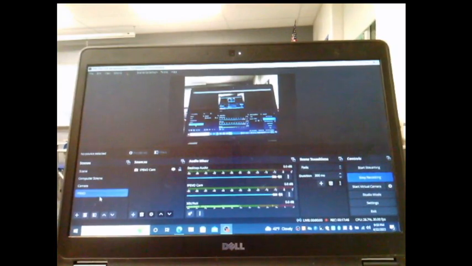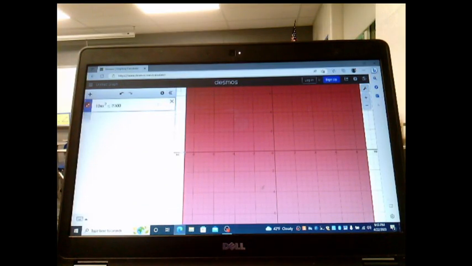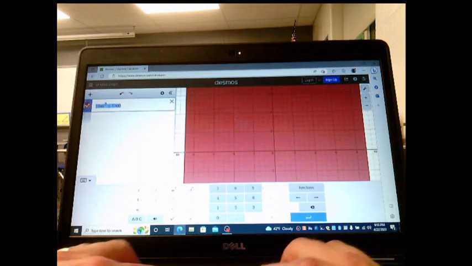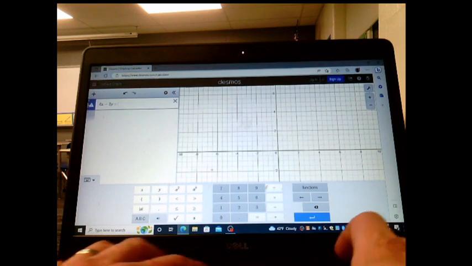Now, there's a couple of things that I want to think through here. First of all, if you're not sure how to graph this line, plug that into Desmos. In fact, I'm going to show that here real quick. Let's go to Desmos here, and again, 6x minus 3y equals 5.